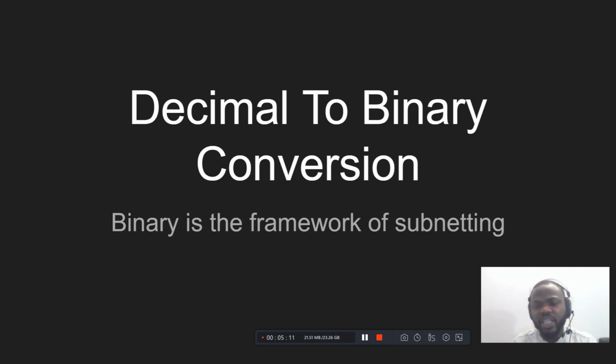That is why we always have IP addresses in decimal form. So for this reason, we are going to learn how to convert from decimal to binary and from binary to decimal. The computer understands binary. That's why we need to understand the language of the computer in order to be a subnetting guru.